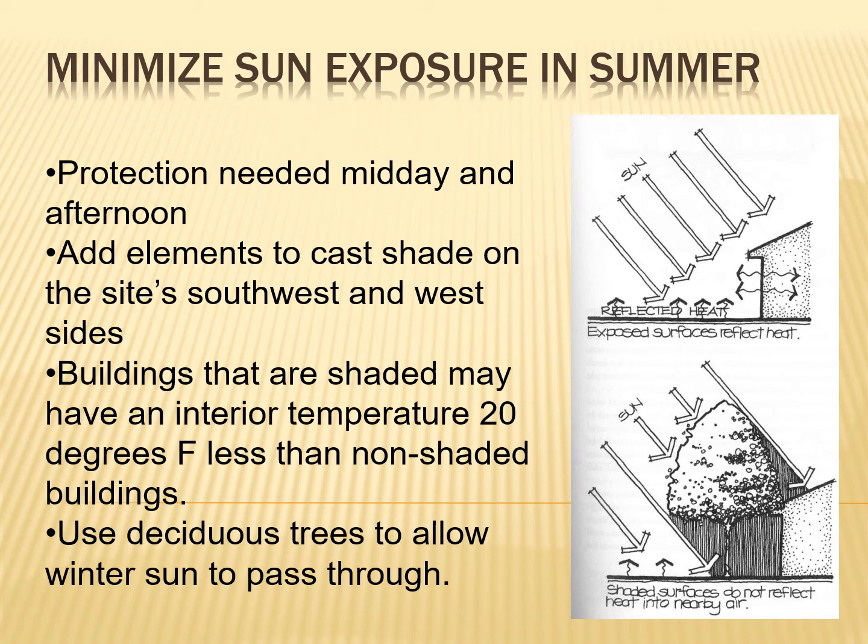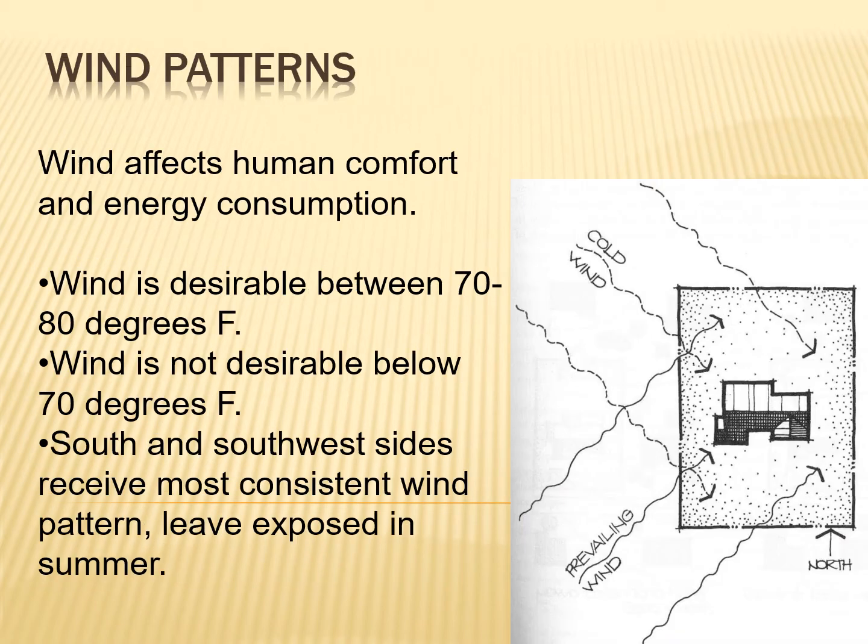We can also use that to keep buildings cooler. There've been studies that say interior temperatures can be 20 degrees Fahrenheit cooler than non-shaded buildings. Of course, we want to be careful using trees close to buildings in areas that are fire hazard areas.